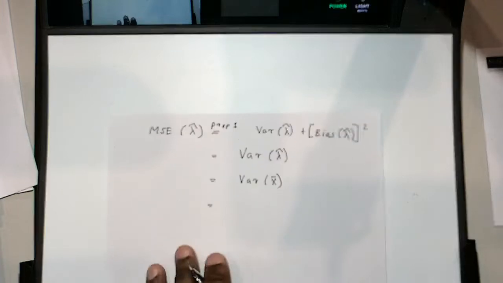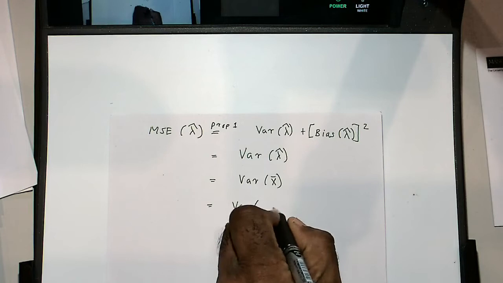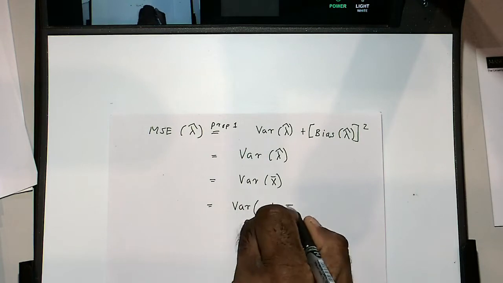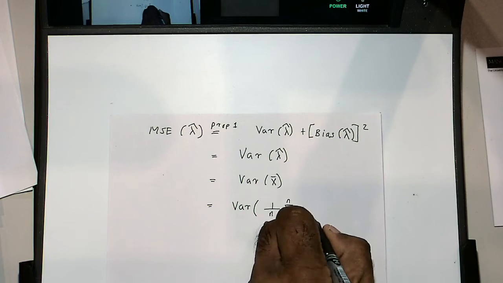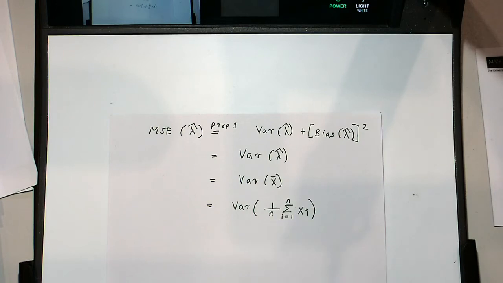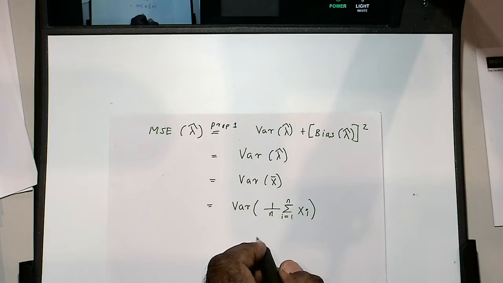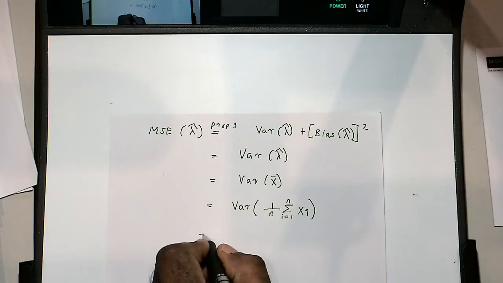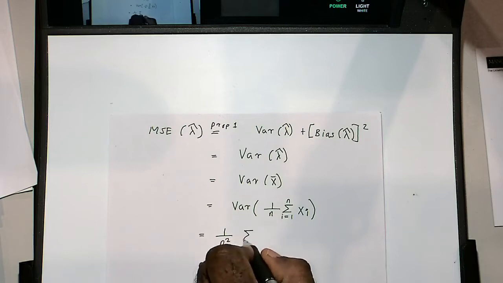Now x bar is the sample mean, so you can write it like this. Now you should take the variance inside. I hope you learned this in probability 1, that when you take the variance inside and pull out the constants, what has happened? 1 over n becomes 1 over n squared, right?